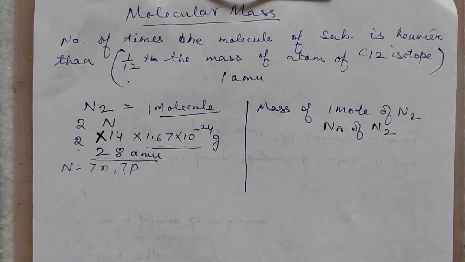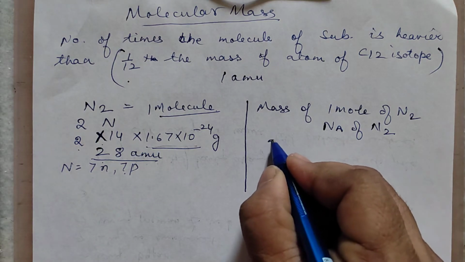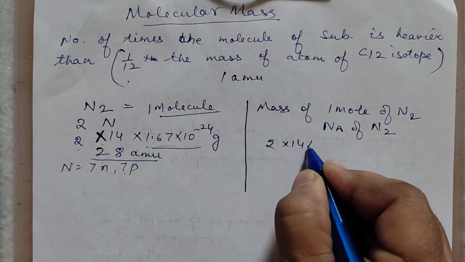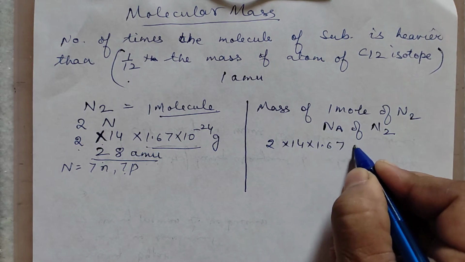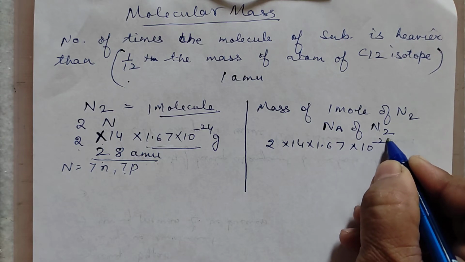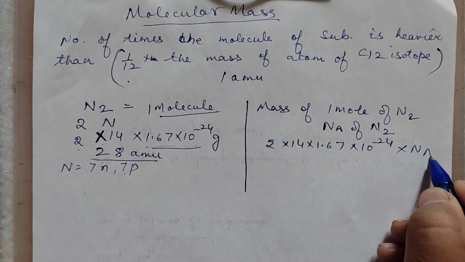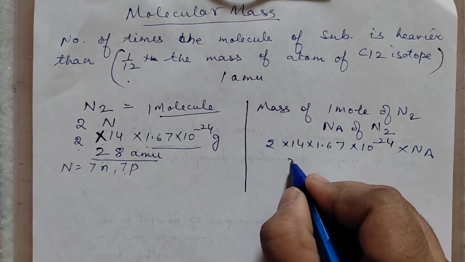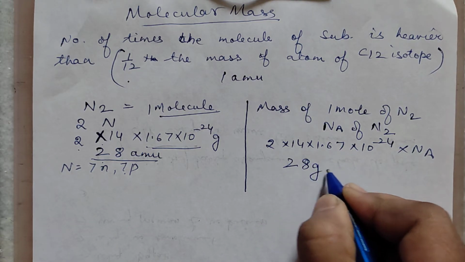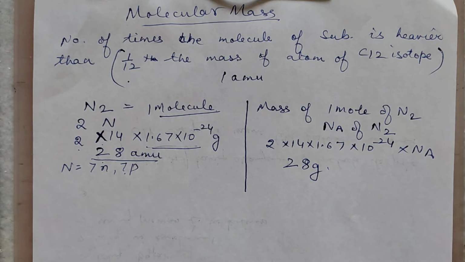Clear? That means we will write 2 into 14 into 1.67 into 10 to the power minus 24, that is for one molecule, into Na. So when you solve it, it comes out to be 28 grams. Is it clear? I hope the difference is clear.